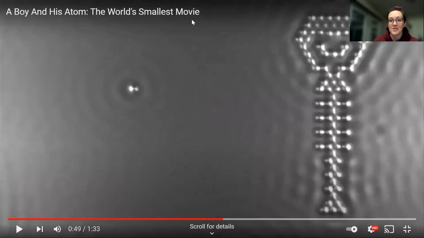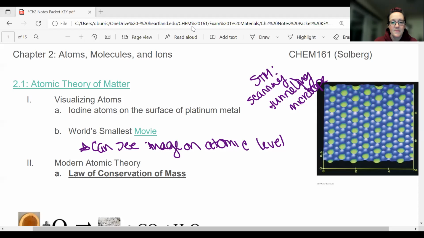So these are actually individual atoms, which is really interesting. And we can do something like a stop motion animation with taking pictures of atoms. That's going to make astronomy relevant in the future, but anyway, moving on.